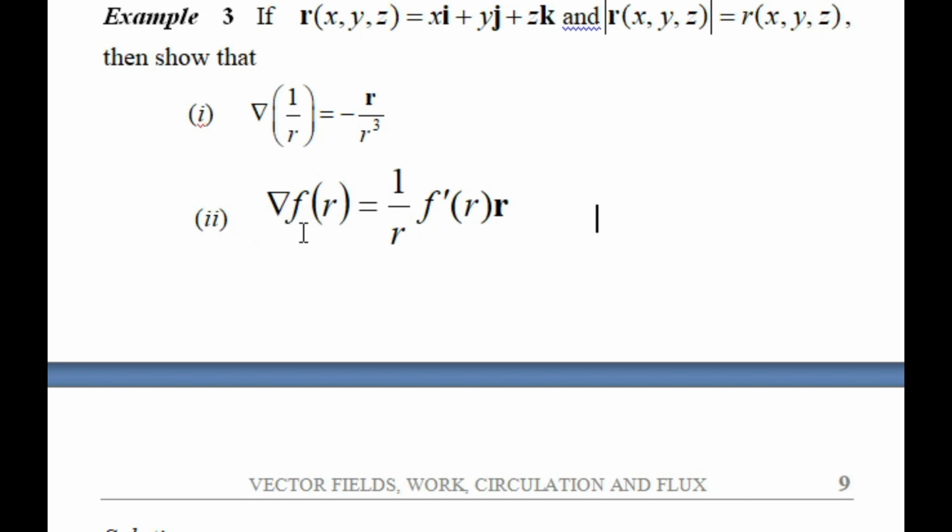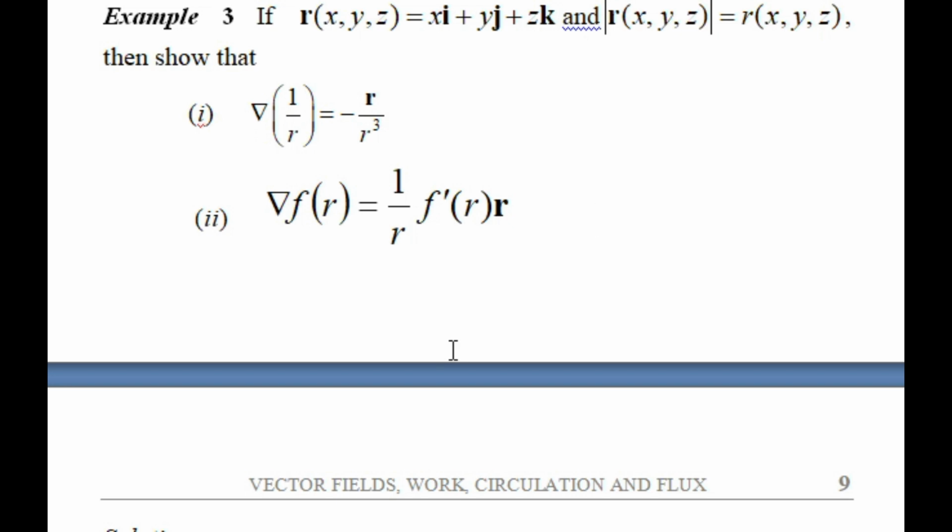And this f of r is a scalar valued function, and we find the gradient of that scalar valued function, and that vector field is equal to 1 by r times f prime of r. 1 by r is a scalar. f prime of r is again a scalar, because it is the derivative of the scalar valued function f of r. So this is a scalar times the vector r. So ultimately this is a vector. This is actually a vector field, because corresponding to each ordered triple xyz we have a vector.